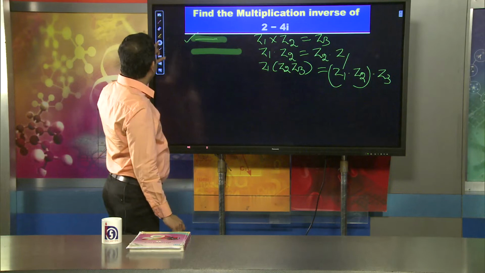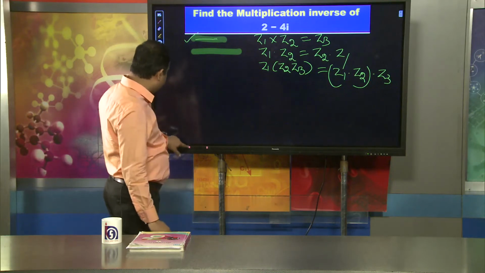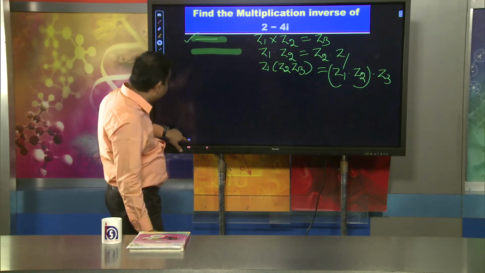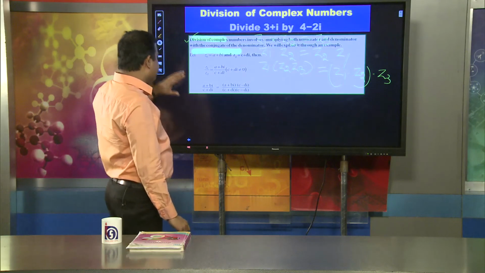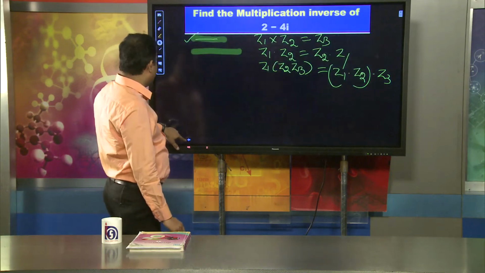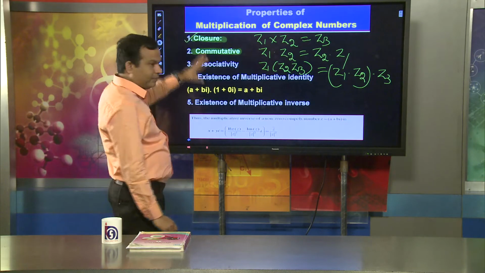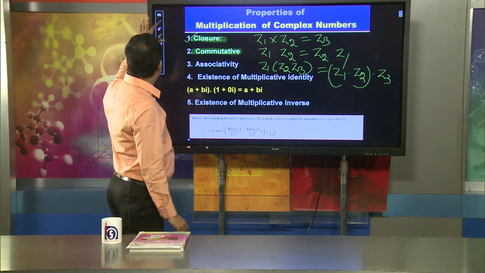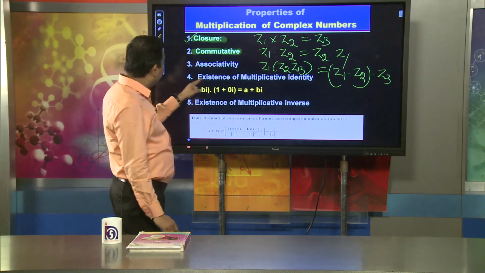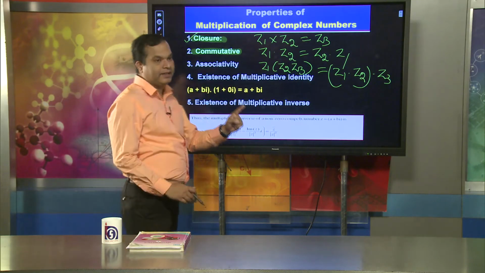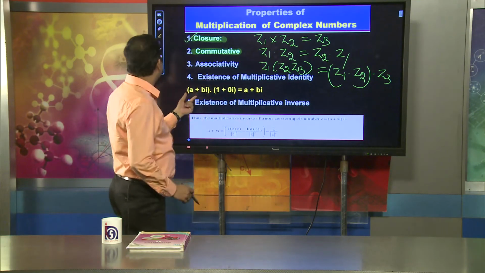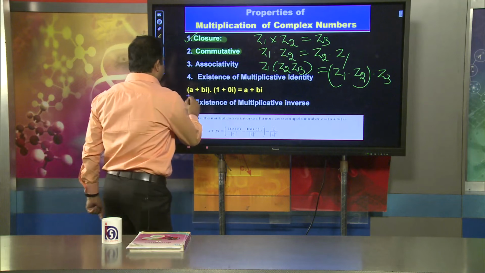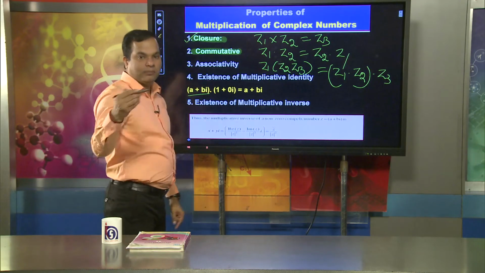Before the division part, we are discussing the properties. When talking about properties, remember the existence of multiplicative identity. Suppose a plus bi is one of the complex numbers.